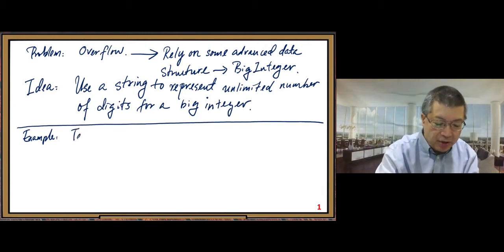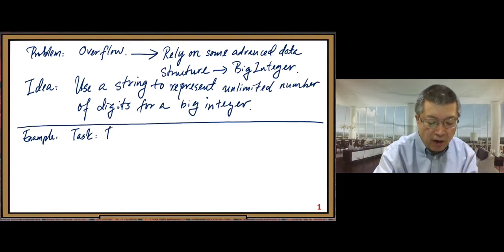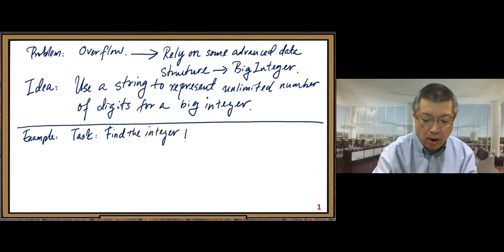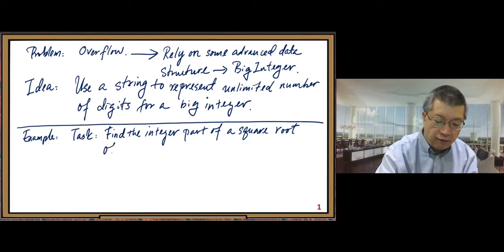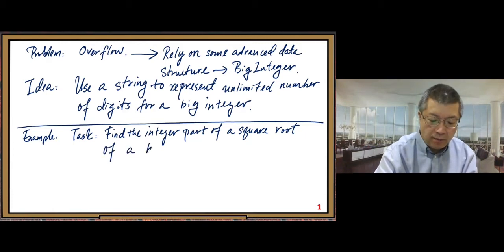The task is to find the integer part of a square root of a big integer.